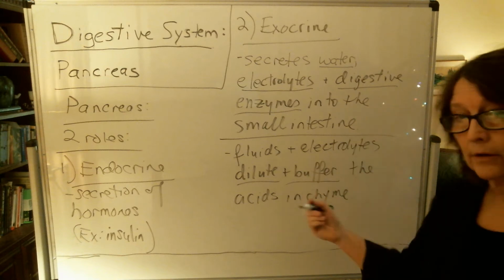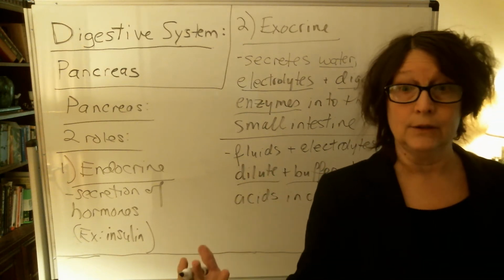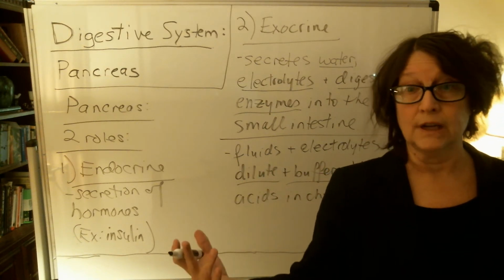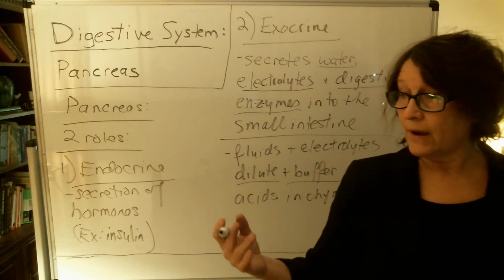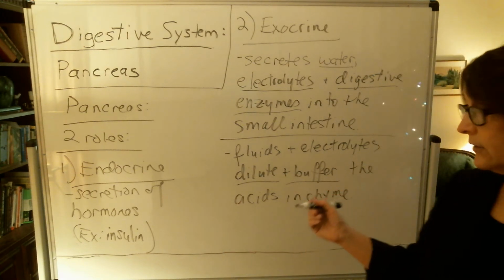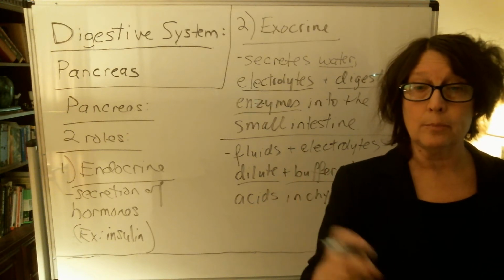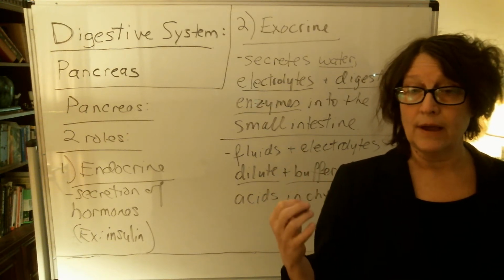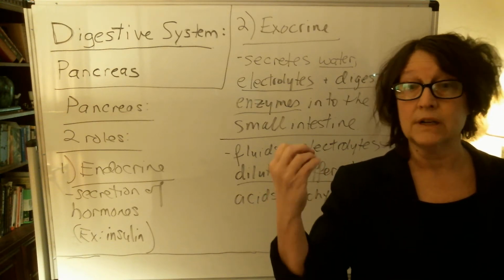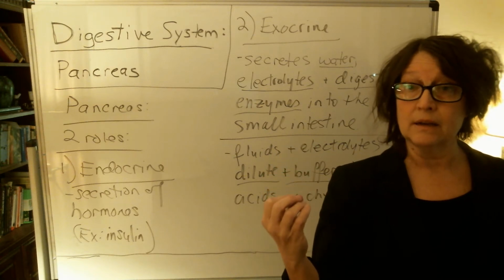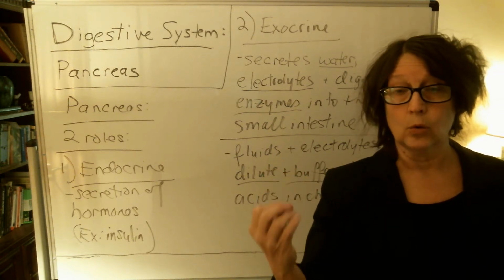And the water, the fluids, will simply serve to dilute the chyme, so therefore dilute the acids. But then we also have these electrolytes that buffer the acid. A buffer basically is a chemical that will take a strong acid or a strong base and make it into a weaker acid or base.